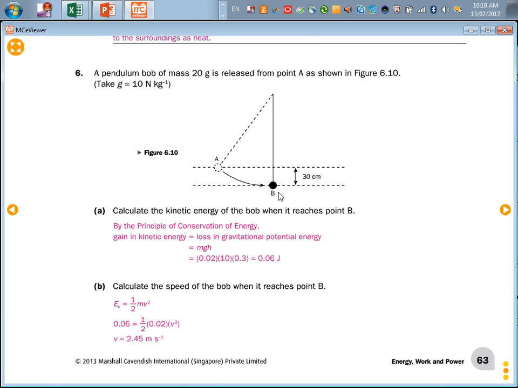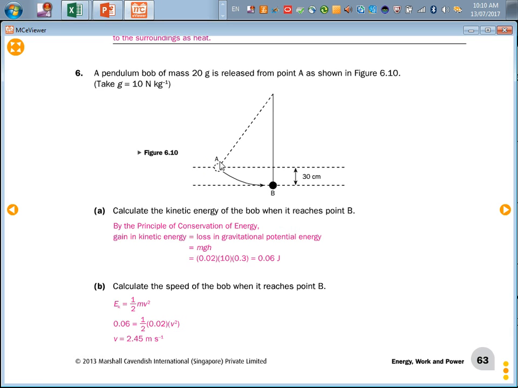Did it tell you the speed? They didn't tell you the speed at point B, so you cannot use half mv squared. But what you can use is conservation of energy. The energy at point A must be the total energy at point B. At point B, it only has kinetic energy.